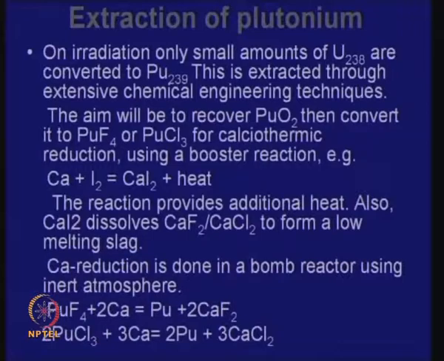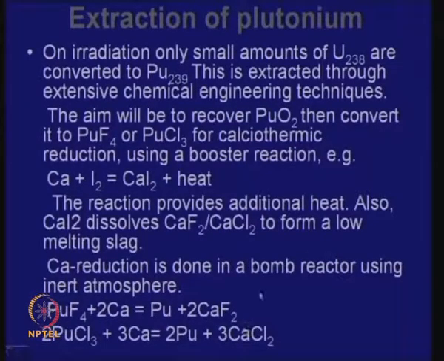At the same time, we ensure that the salt we are producing, that calcium fluoride or calcium chloride, that F and Cl coming from the plutonium compound, forms a low melting slag because they will dissolve in calcium iodide. So, calcium iodide plus CaF2 or CaCl2, being a mixture, would have a lower melting point. So, a low melting slag will be formed. So, we have a low melting slag and a metal.